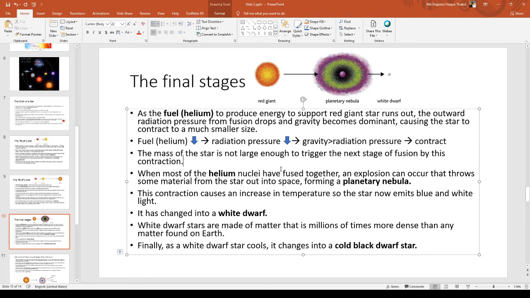But now that the star contracts, of course it cannot fuse the next stage, that is lithium fusion cannot occur. However, as the star contracts, the gravitational force of attraction is now higher, so the temperature and pressure actually increase.